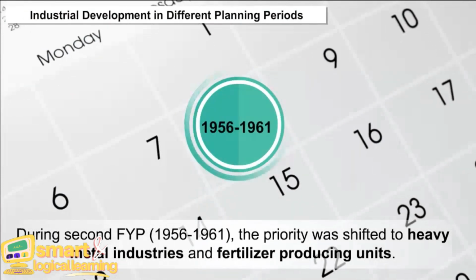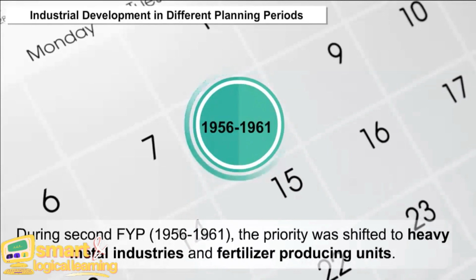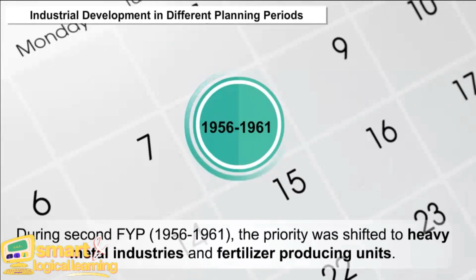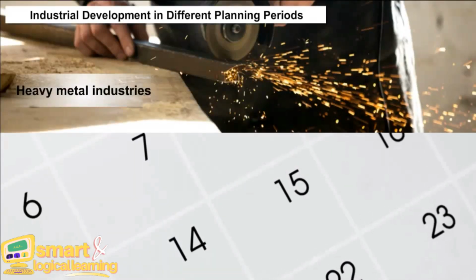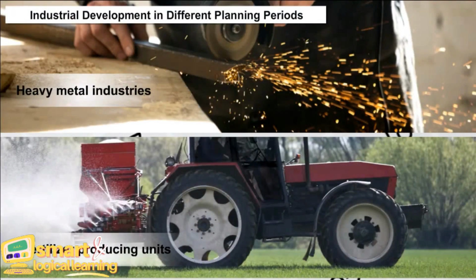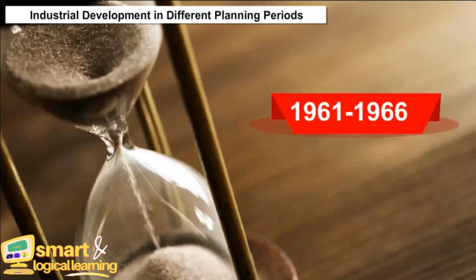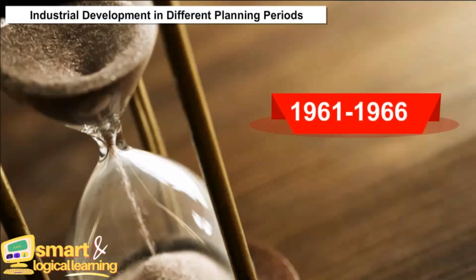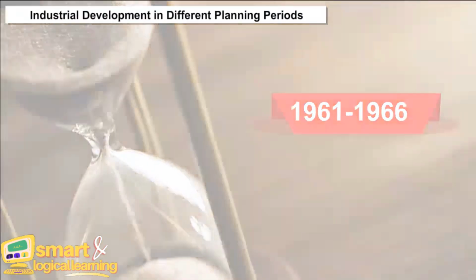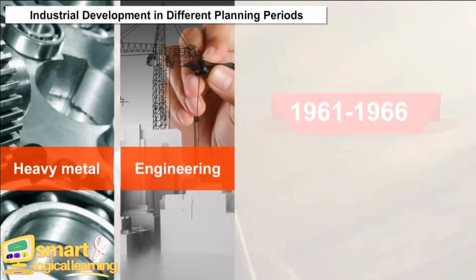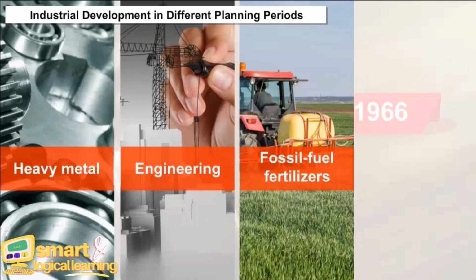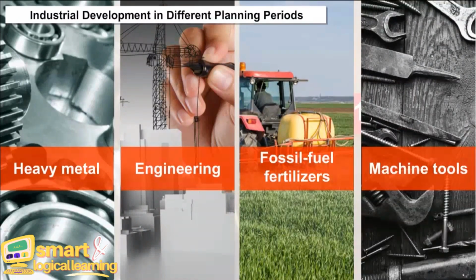During the second FYP, 1956 to 1961, the priority was shifted to heavy metal industries and fertilizer producing units. At the time of the third FYP, that is 1961 to 1966, importance was given to heavy metal, engineering, fossil fuel, fertilizers, machine tools, and others.